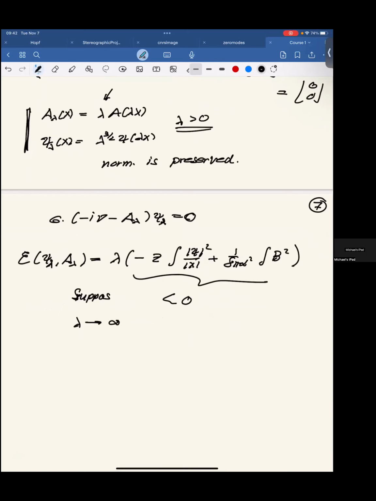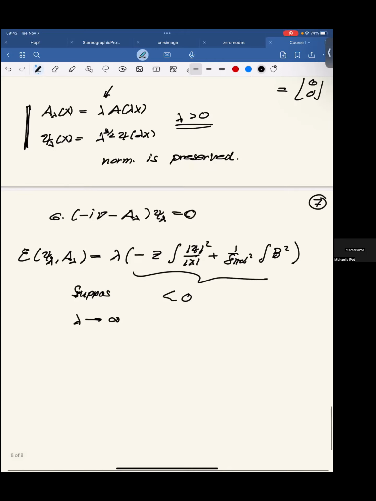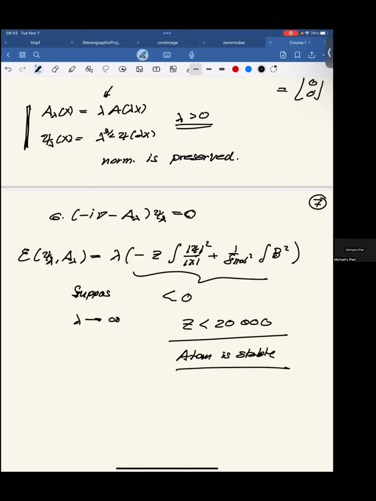And now, of course, if one talks to physicists, there is a moment of silence, and then, of course, you say, well, this cannot really be physical, and indeed, it's not physical. With a lot of work, you can figure out that when the z is less than 20,000, this phenomenon cannot happen, right? So, atoms are stable.